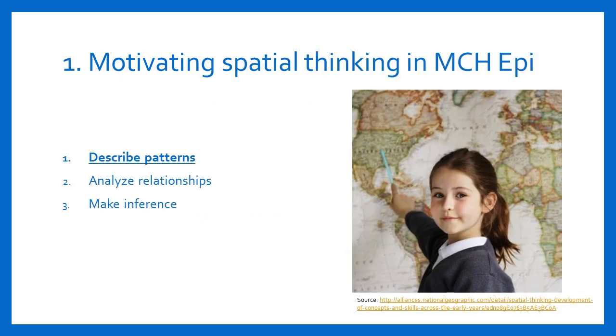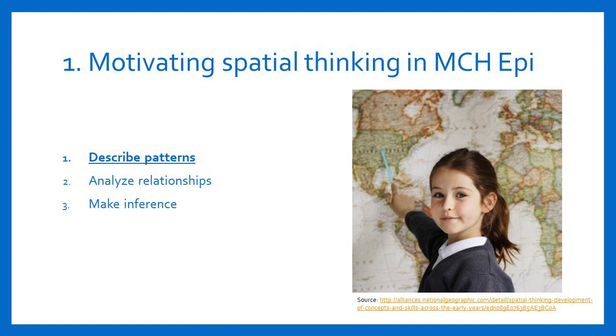I find it useful to start off talking about spatial analysis in public health by talking about spatial thinking rather than talking about maps. In other words, what is it we're trying to do when we represent some kind of public health phenomenon on a map? It has to do with spatial thinking. What is it we think is occurring that we can see particularly well on a map?